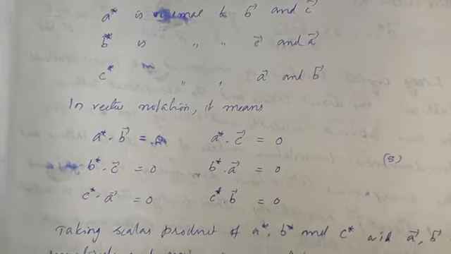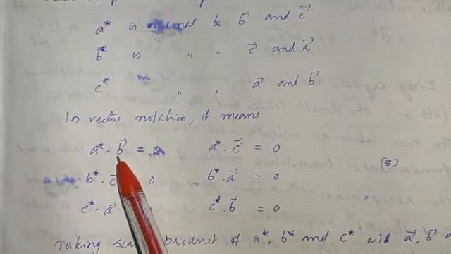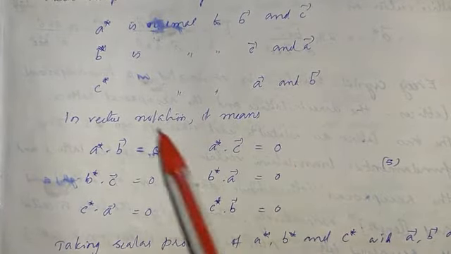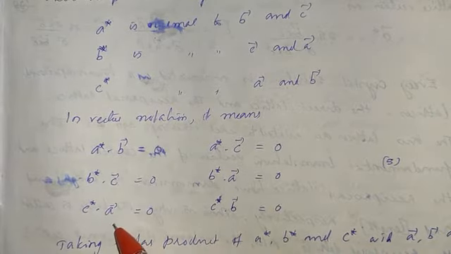In vector notation, this relation means a star dot b and a star dot c are equal to 0. Similarly, b star dot c and b star dot a are equal to 0, and c star dot a and c star dot b are equal to 0.